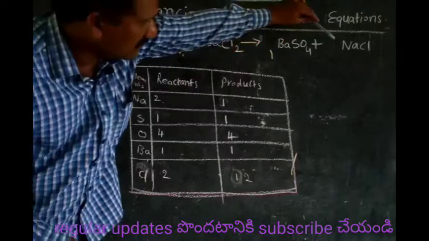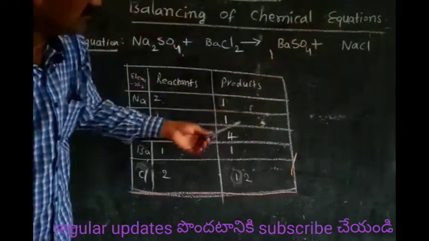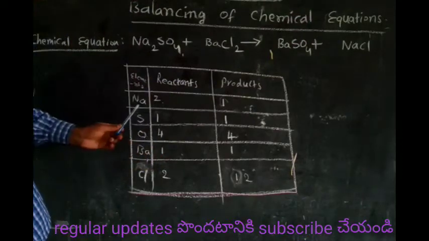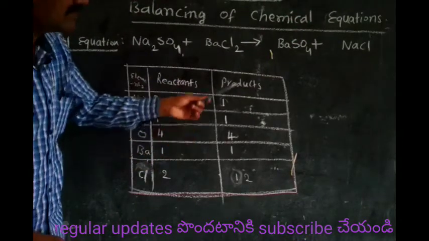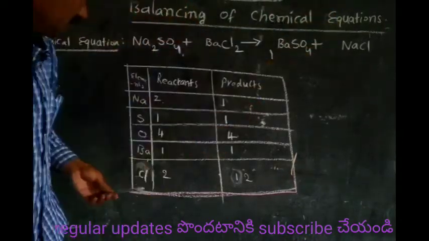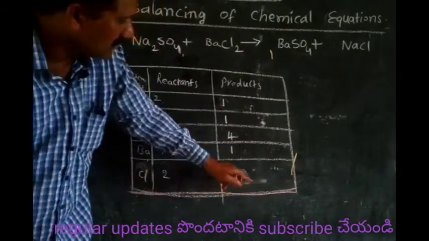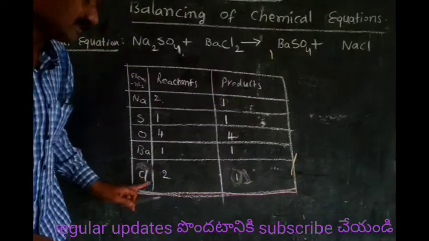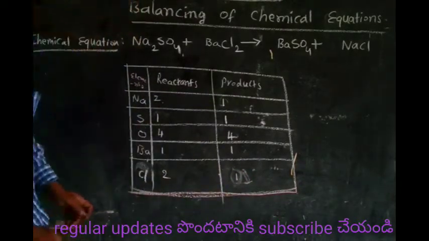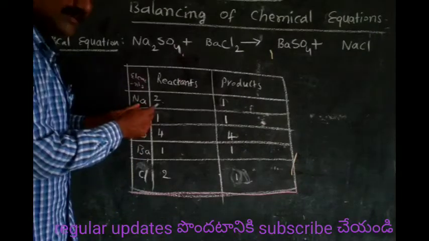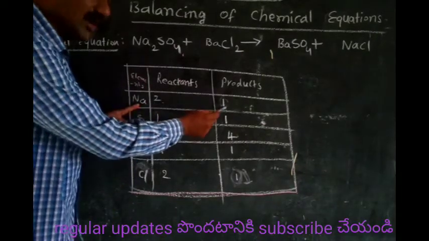Okay, now coming to the sodium. In the sodium chloride only one atom is there. That's why we wrote 1 here. And chlorine also 1 is there. That's why in the products column we wrote only 1 against the chlorine. Now in the reactants 2 atoms of sodium are there, but in the products only 1.